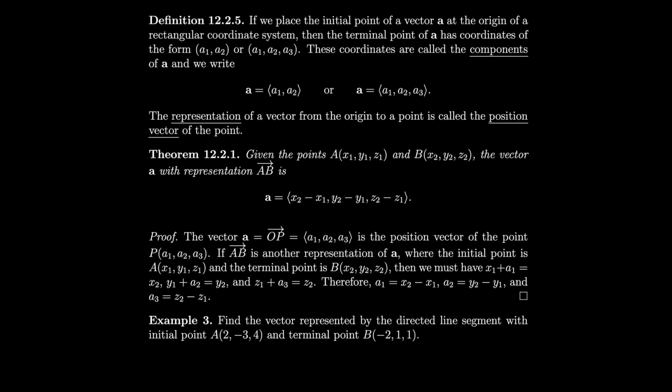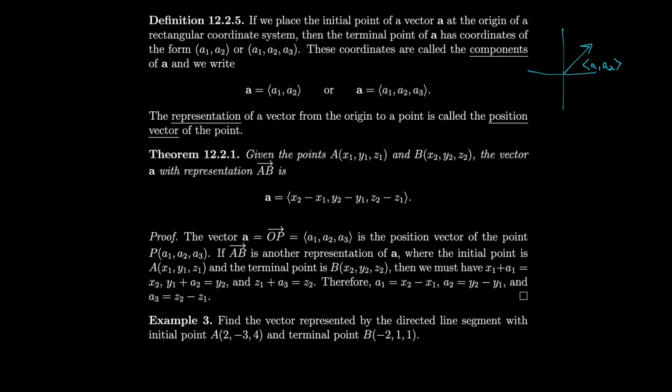So there's two things going on here. One is saying that we could take any vector, remember it has no position, and we can just put it so that it starts at the origin. Then we can write down coordinates for that vector, where the first coordinate is just the x value, and the second coordinate is just the y value of the terminal point, because the initial point is just 0.